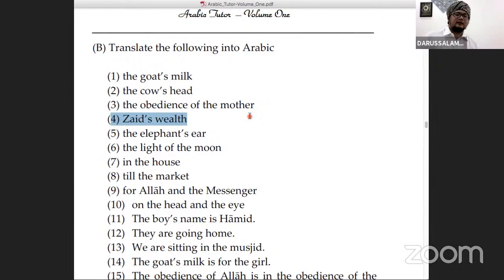Okay, try translate in Arabic now. The wealth of Zaid. Translate that into Arabic. Mal.